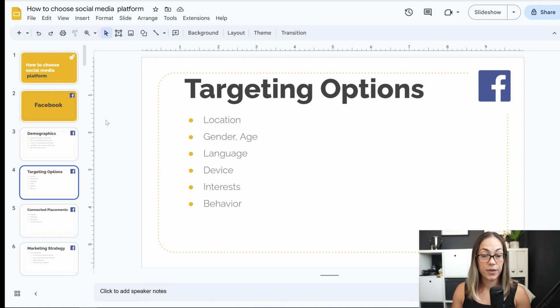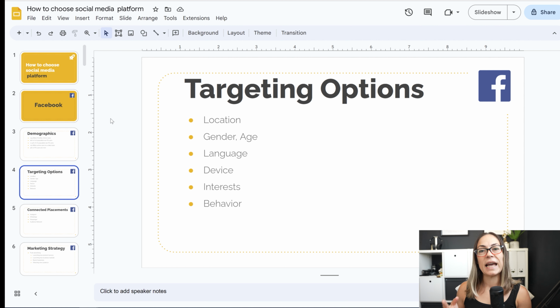Another key factor that we need to concentrate on is targeting options. If I have my ideal customer profile, I know a lot of things about my ideal customer: where they're from, how old they are, what they like, what they're afraid of, and so on. And that's why when I have that customer profile, I would like to target most of these things.